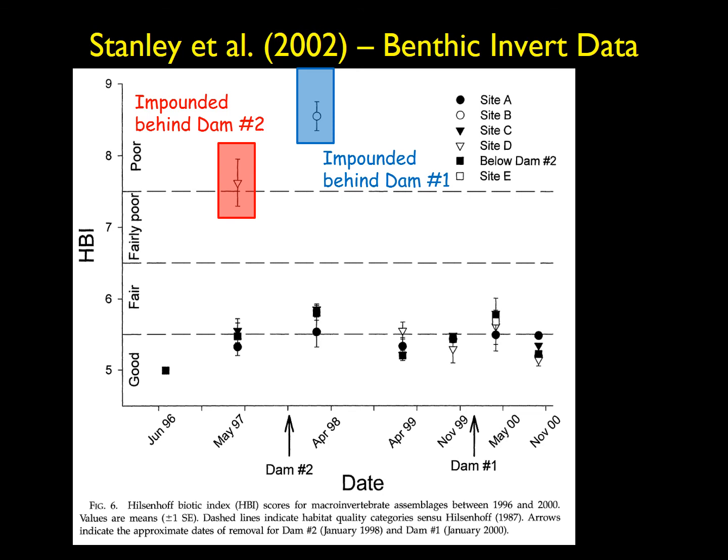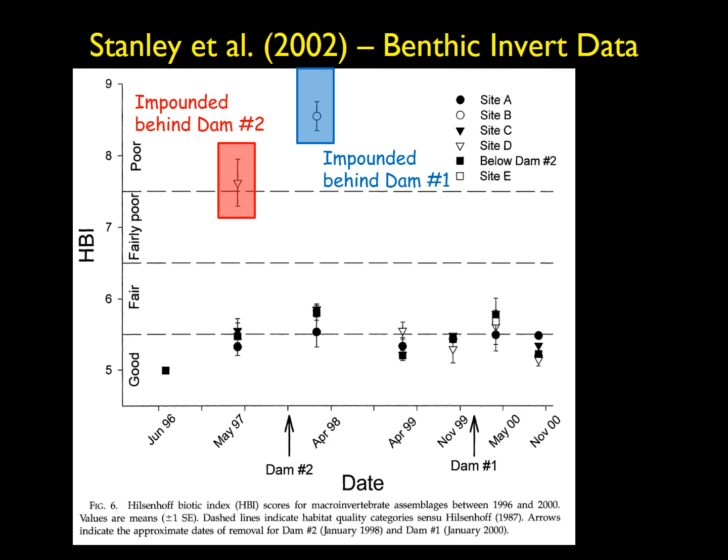So then dam number 2 was removed before April 98, dam number 1 before April of 2000. And when you look at both sites D and B, after the dams were removed, the habitat quality got a lot better. So you look for those white inverted triangles in April 99, they're down around the good to fair quality, right? And even good, right, in 2000 there.